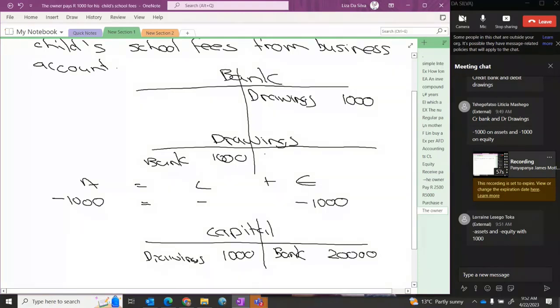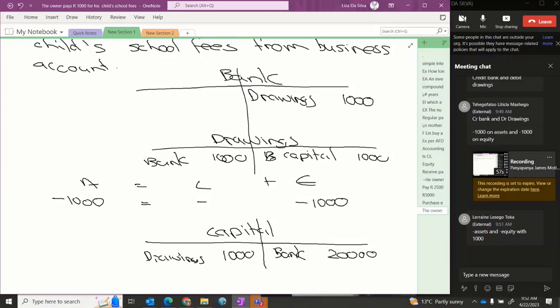You take it to the capital at the end of the month. Drawings is always a debit, but capital is a credit. The reason drawings is a debit is that it makes your capital, which has a credit balance, less.